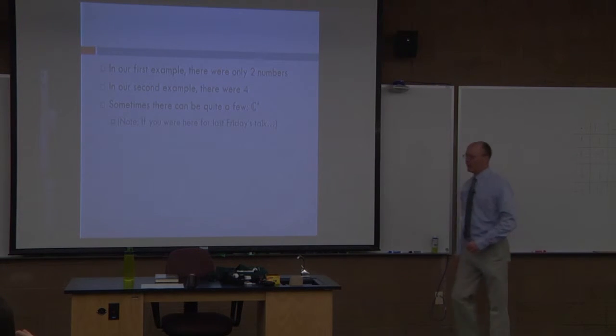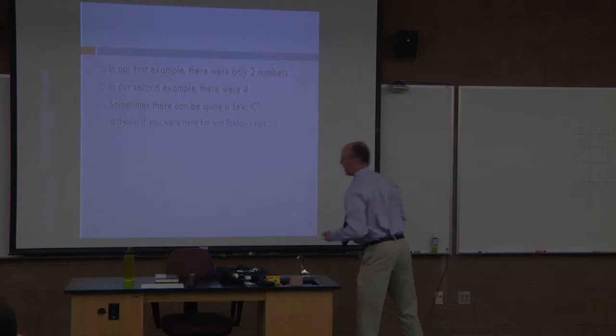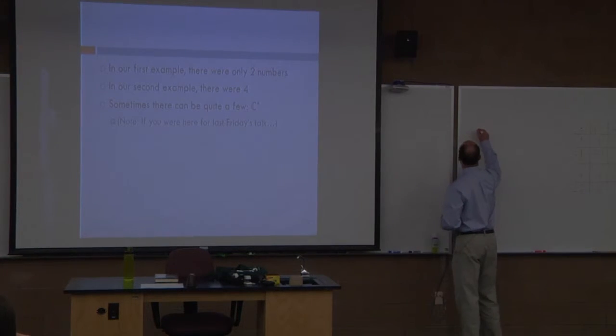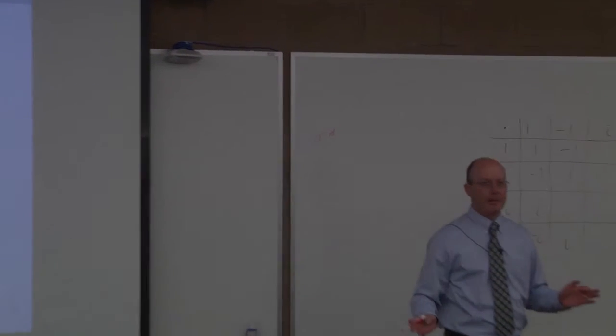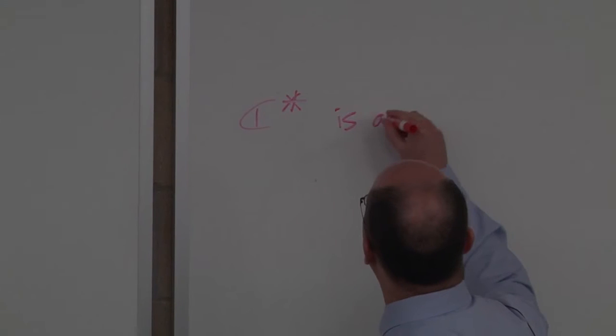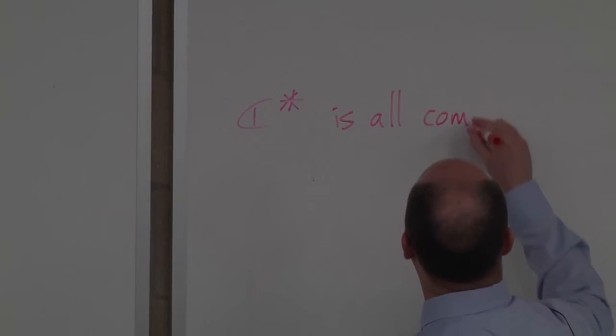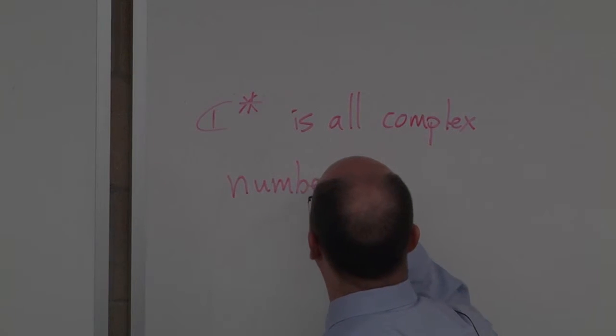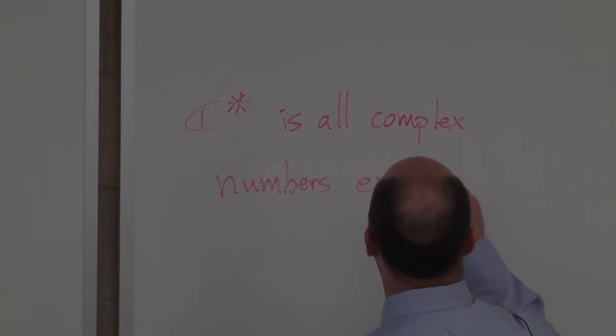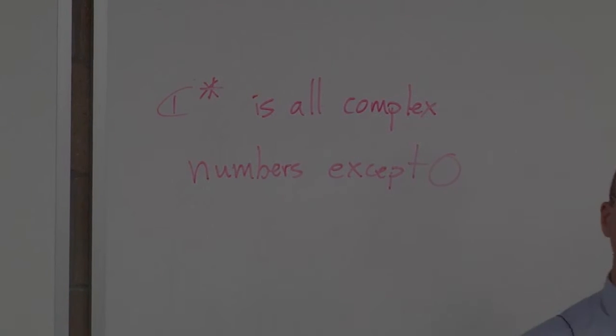C star is some hidden notation. Star in mathematics often just means throw 0 away. So C star is going to be all complex numbers except 0.